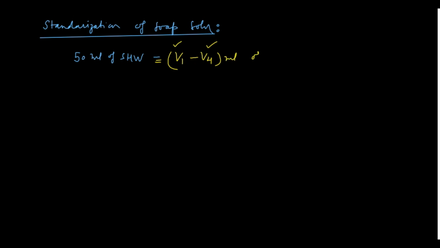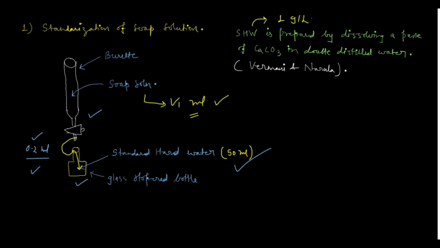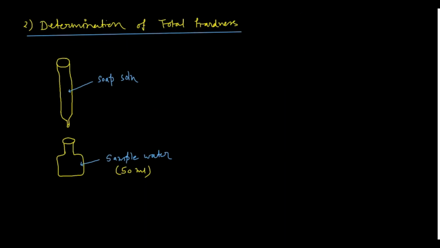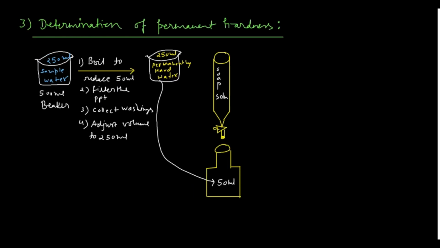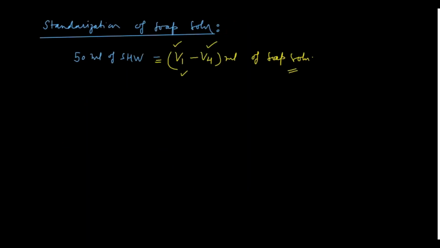Why soap solution? Because this V1 ml is your soap solution, and this V4 ml is again the soap solution, right? Please remember this particular point. The method is very important. So I can write like that.